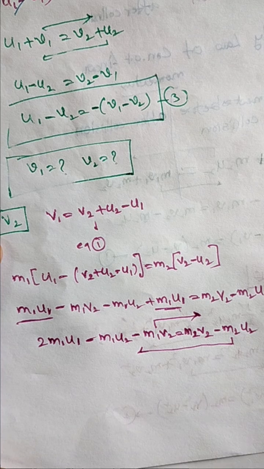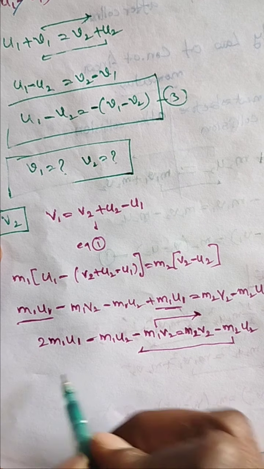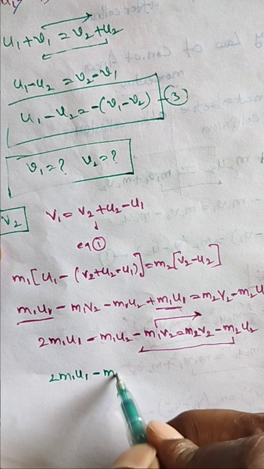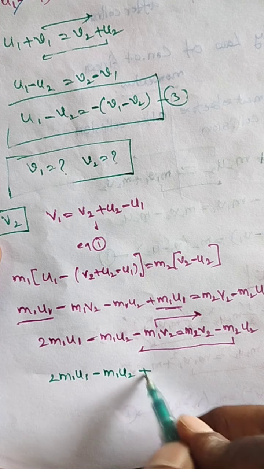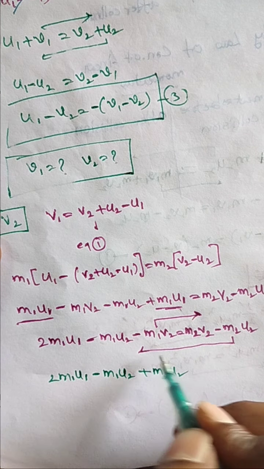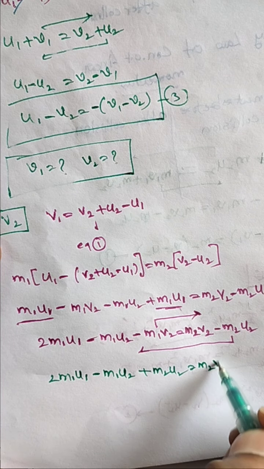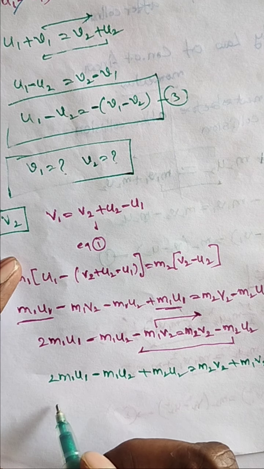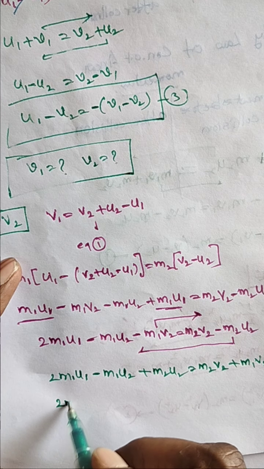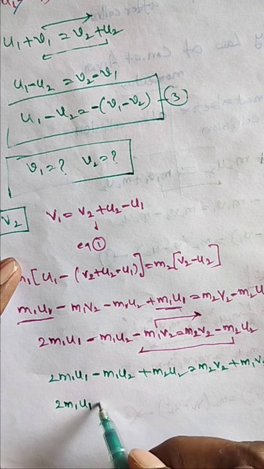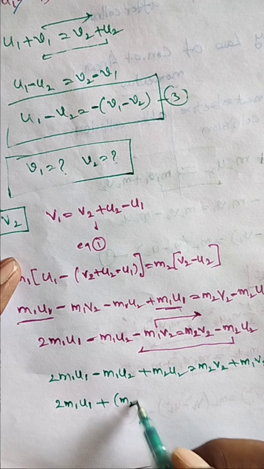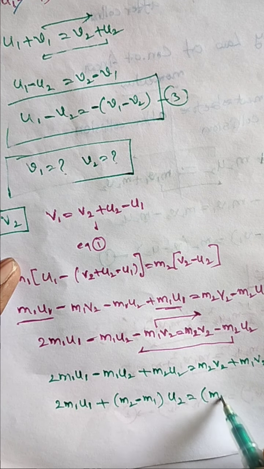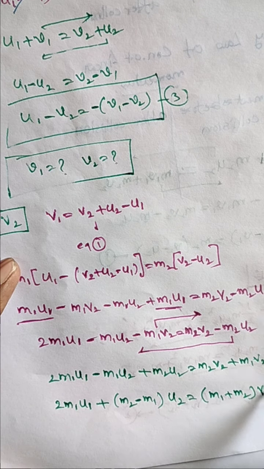So here I am writing 2m1u1 minus m1u2 plus m2u2, this is coming to here, and m2v2 plus m1v2. So in this one, 2m1u1 plus m2 minus m1, u2 common, and here (m1 plus m2) v2 common.